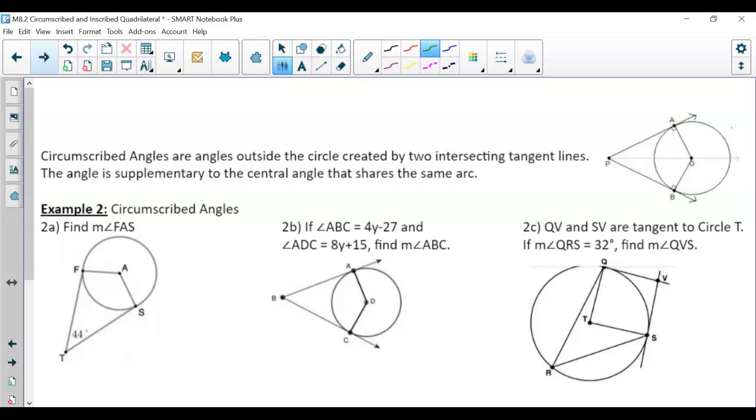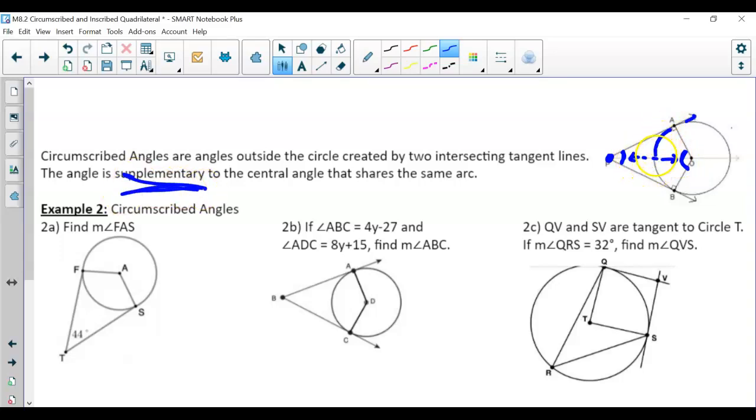So now circumscribed angles. A circumscribed angle is an angle outside of the circle, created by 2 tangents. So here's our picture. But the idea of a circumscribed angle is that if you are given the central angle, the circumscribed angle created by the two tangents, these two angles are supplementary.